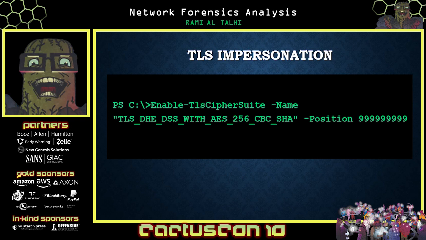So changing the priority or the position of a specific TLS cipher suite will change and impersonate the TLS accordingly. An attacker might use this way or another way to manipulate TLS, and this is just for demonstration. You can manipulate the TLS, any TLS extensions actually, to change the MD5 fingerprint of the JA3.